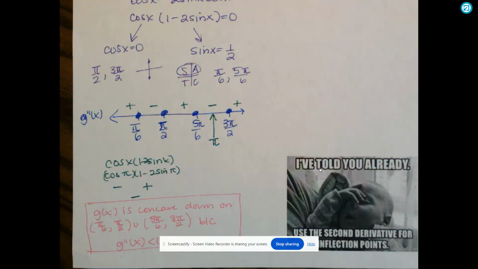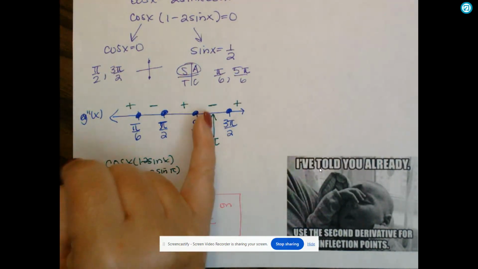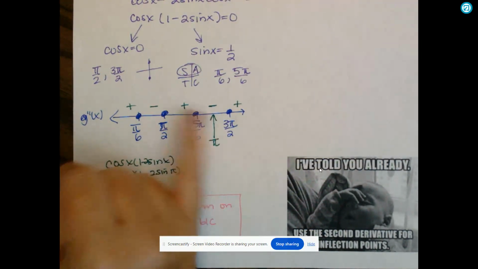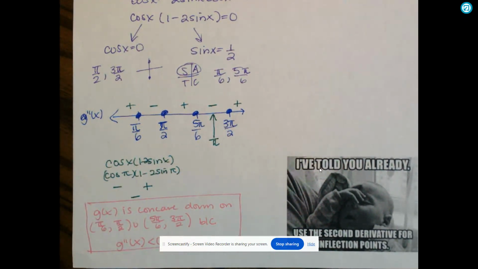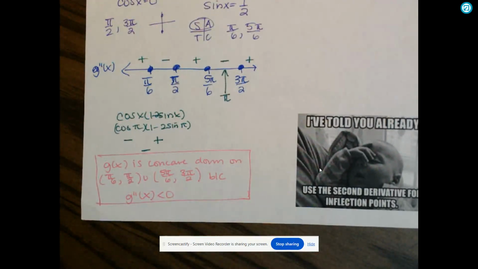Cosine of pi is negative 1, so that's a negative value. And then the sine of pi is 0, and so 1 minus 0 is going to be 1, which is positive. So that gave me a negative. Once I know that's negative, the signs alternate back and forth from there, so I can move in both directions. Where we're negative, we are concave down, which is why I have that answer.